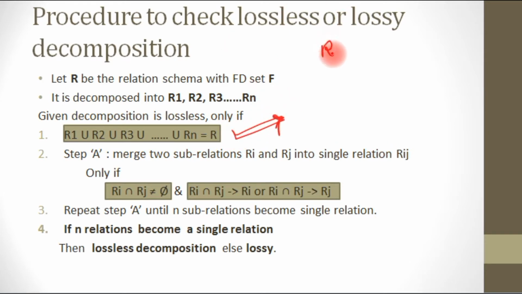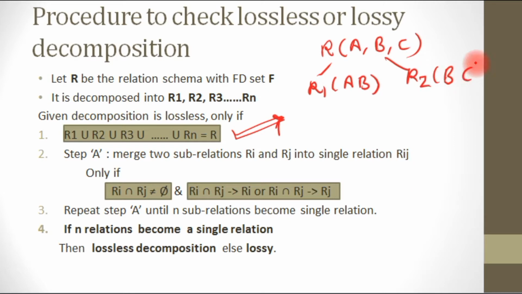Let's suppose in the original relation we have three attributes A, B, C. Then in the subrelations, if R1 has AB and R2 contains BC, then the union of all these attributes of all the subrelations must cover the attributes in the original relation. So no attribute of the original relation must be left out of the subrelations.